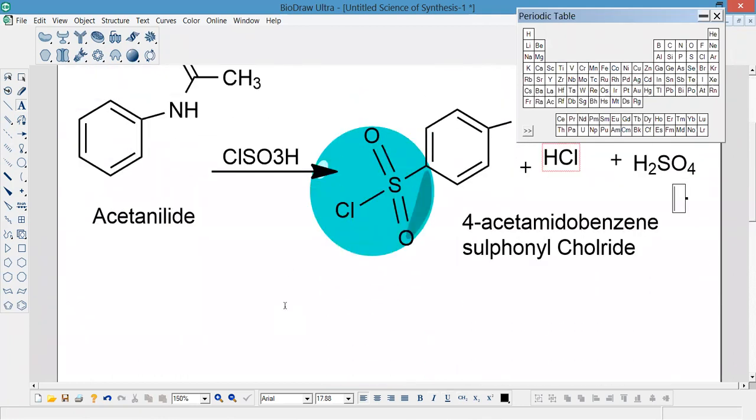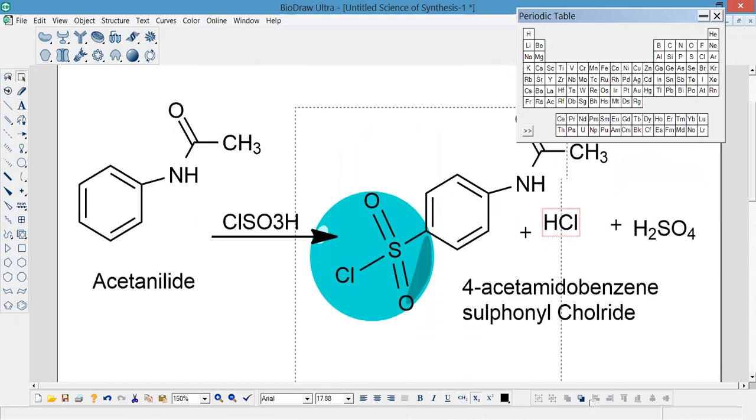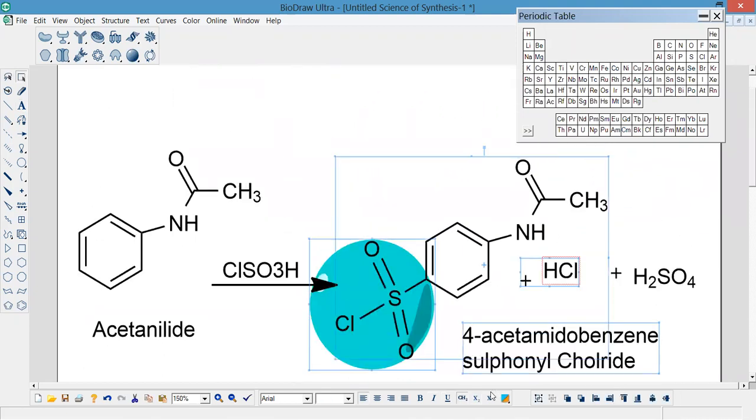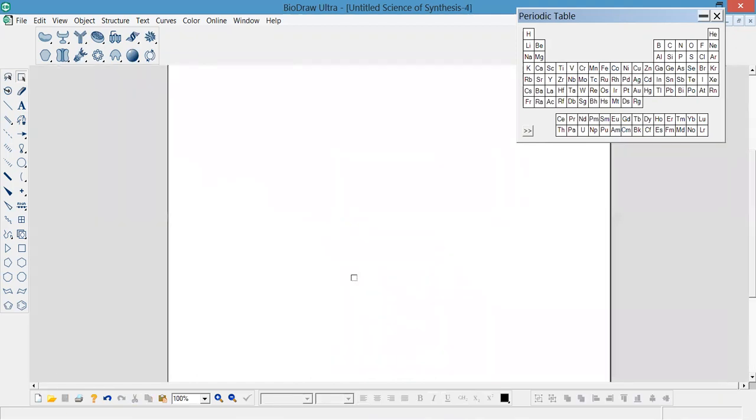Okay. Now next, we will draw the next reaction of synthesis of sulfonamide, that is the nucleophilic substitution reaction.